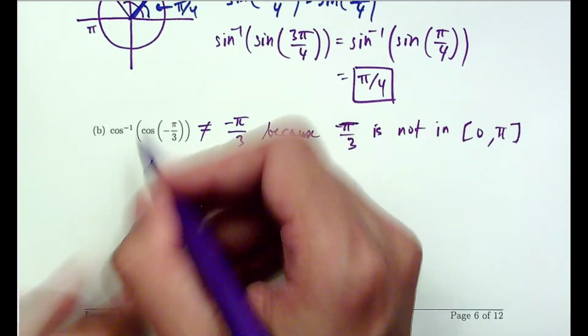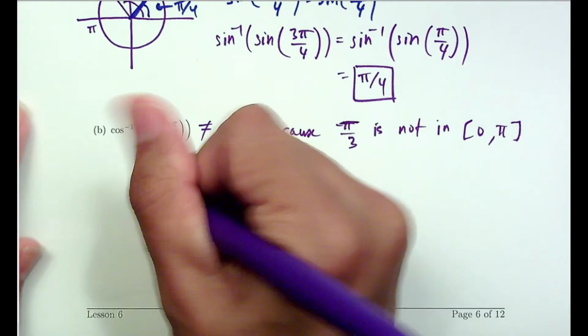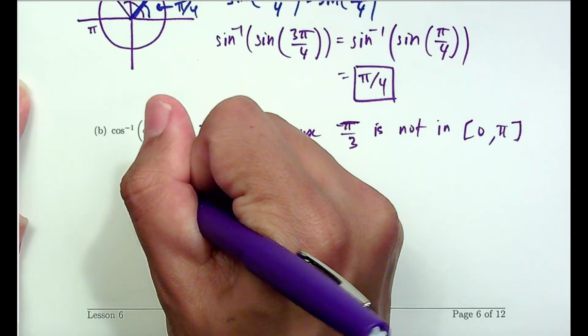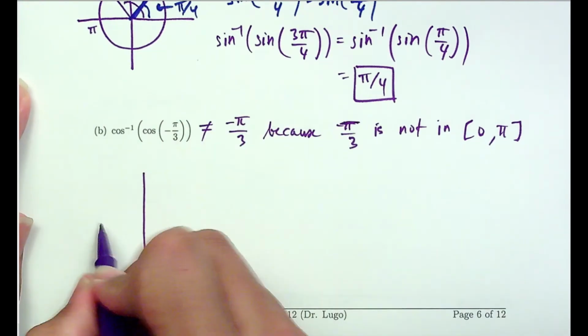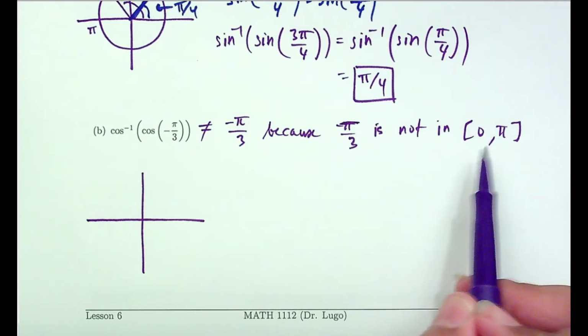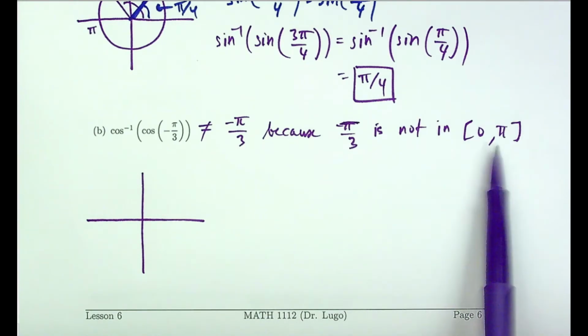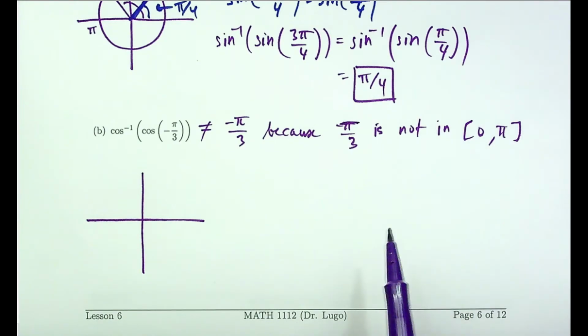If it were, cancel, that would be the answer, but it's not. So what we're going to do is replace negative pi over 3 with another angle that has the same cosine, but is where I need it to be, which is between 0 and pi.